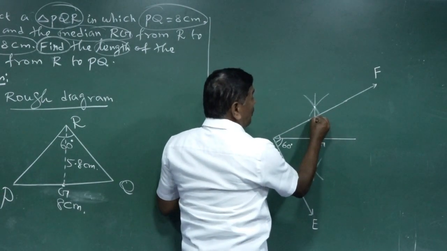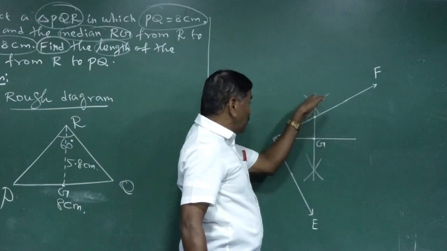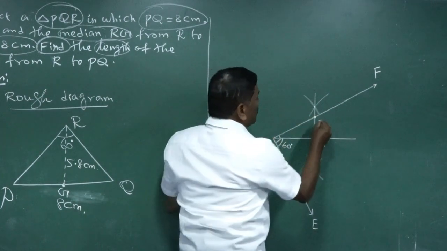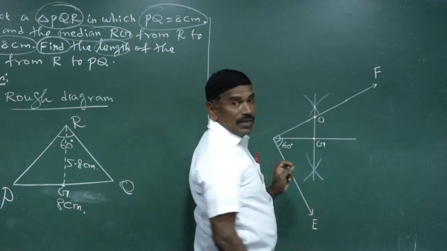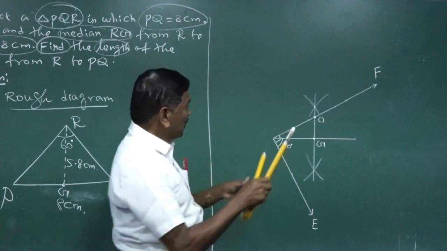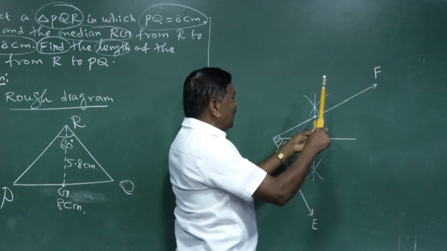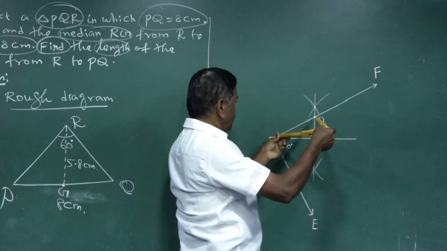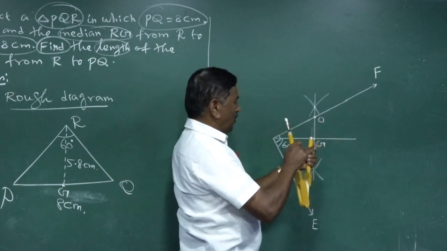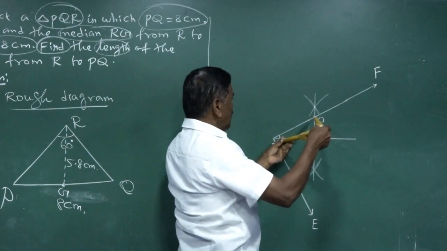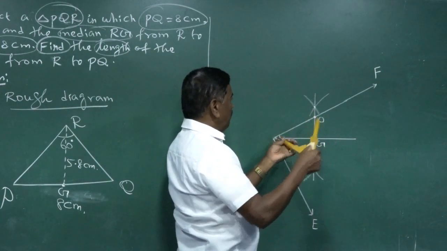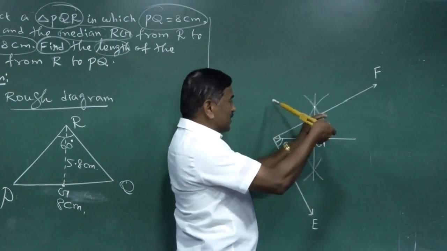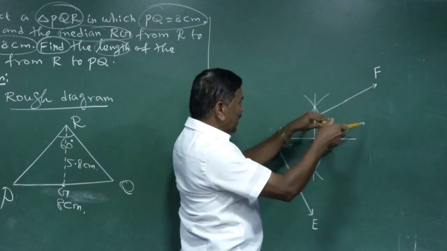Now listen. The meeting point of the perpendicular bisector and this 90 degree line, which is the point of intersection, let it be O. Now listen, O as a center and OP as a radius. Similar way, O as a center, OQ as a radius.